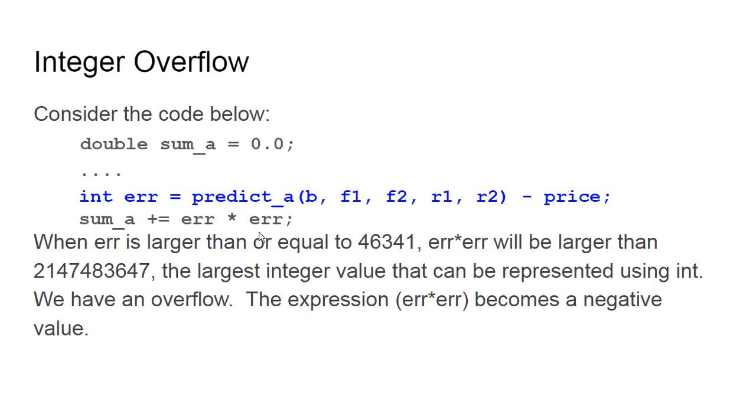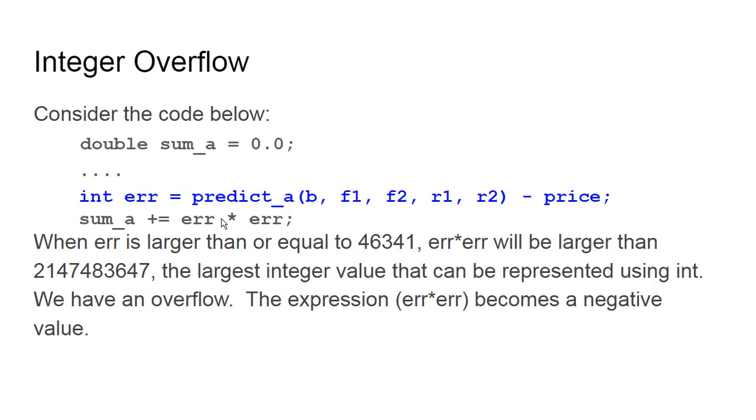So when the error is larger than or equal to 46341, then this squared will be larger than that. So we'll have an overflow, and the overflow will result in a negative value. So essentially it won't be accurate. If you have overflow, then you won't get the correct result.